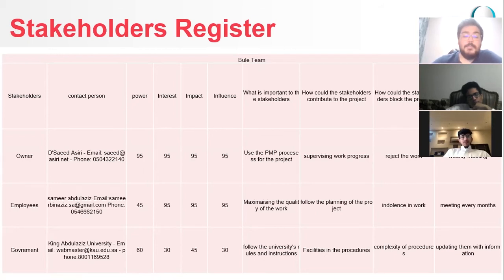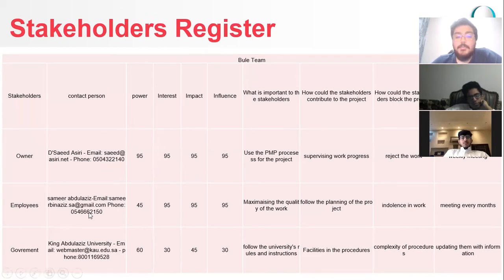our stakeholders. So we gave the owner, Dr. Saeed, 95 for power, 95 for interest, 95 for impact, and 95 for influence, which is the highest mark in these four terms, because he is the owner, of course, and he should have the highest value. For the employees, we gave power 45 because they can give orders to do things in this project.